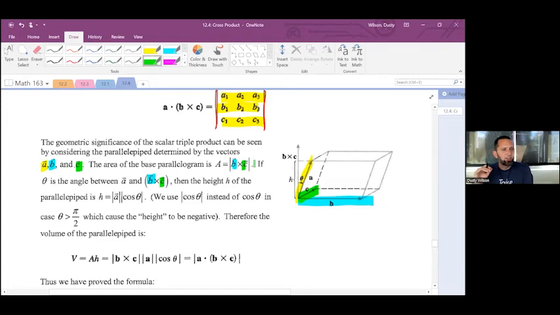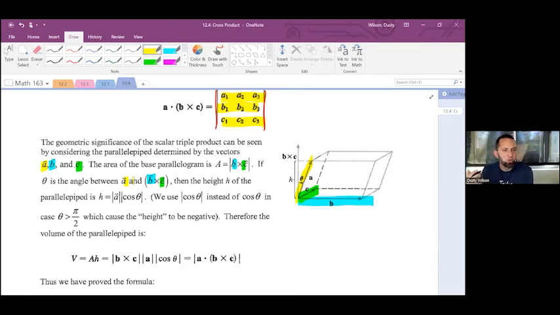And if theta is the angle between A and B cross C, then the height h of the parallelepiped is the magnitude of A times the absolute value of the cosine of theta. Cosine, because that reminds us of the dot product. Also, we're using the absolute value of cosine here instead of just cosine theta because we want to make sure that our height is going to be positive.